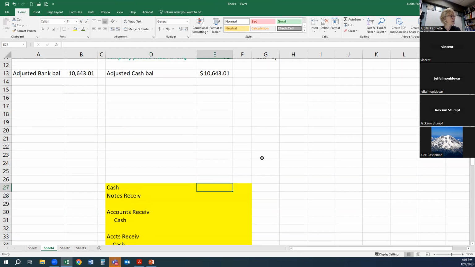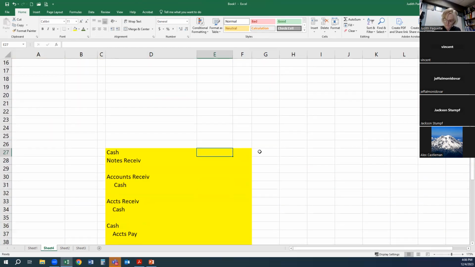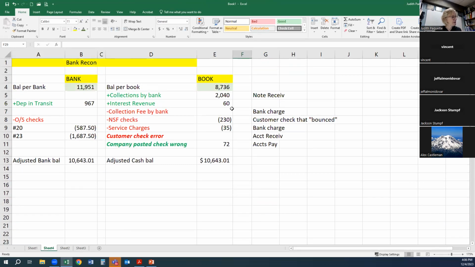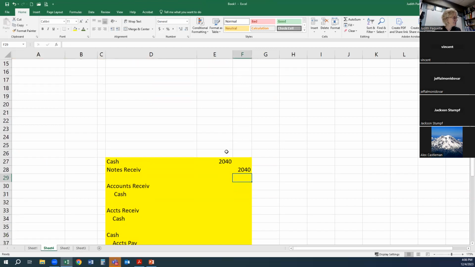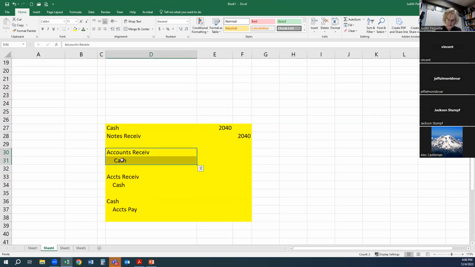And it's going to be for 2040. Then we have interest revenue of 60. So that's going to be cash increase because it's in addition to cash. So we debit cash, and the credit's going to be interest revenue.